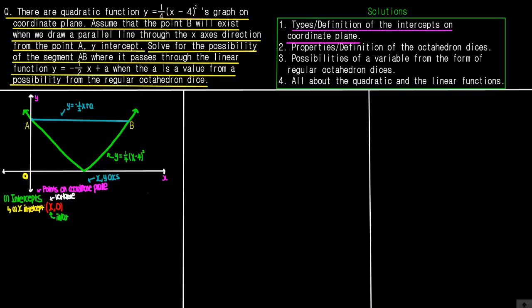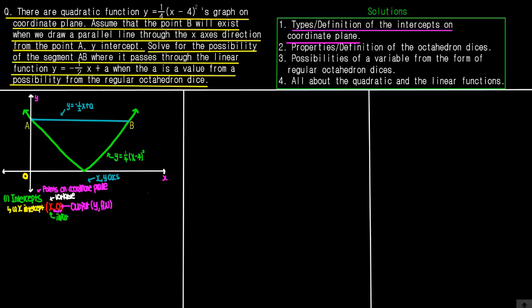Now the output of our function, which we call y, or sometimes f of x, always equals 0 when the input of our function x exists. This is what the x-intercept is going to be.